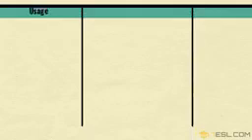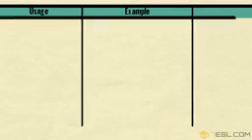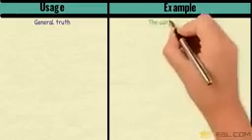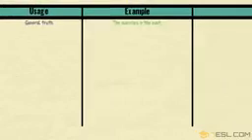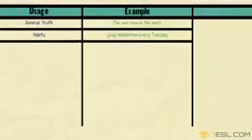Usage. Example. General truth. The sun rises in the east. Habits. I play badminton every Tuesday. Future timetables.